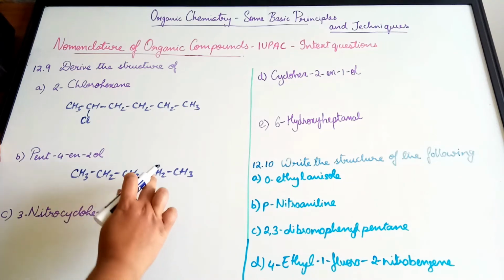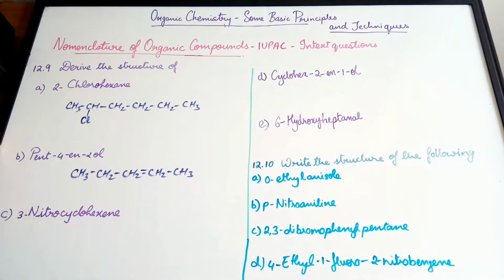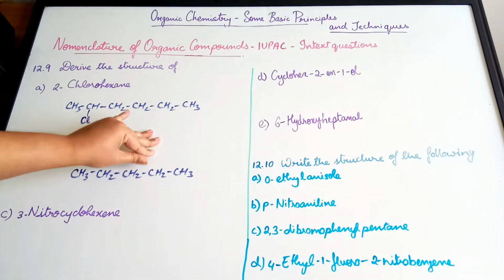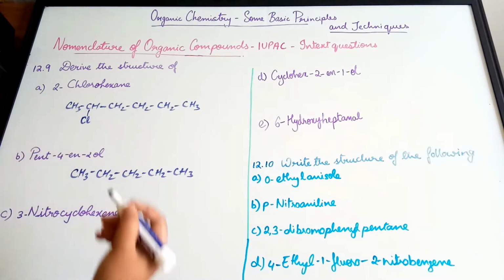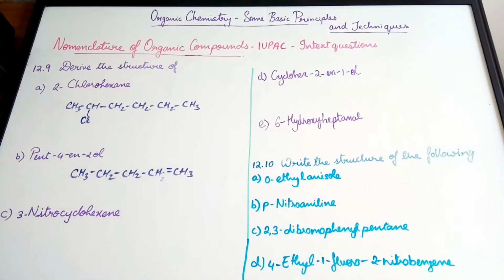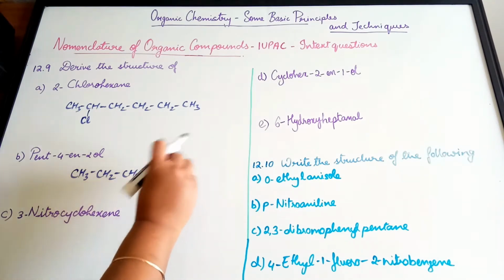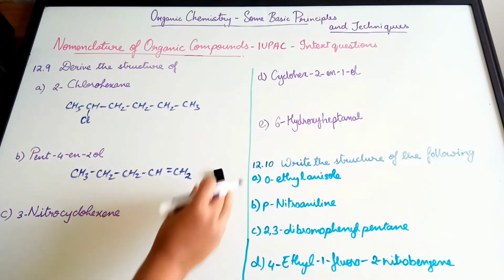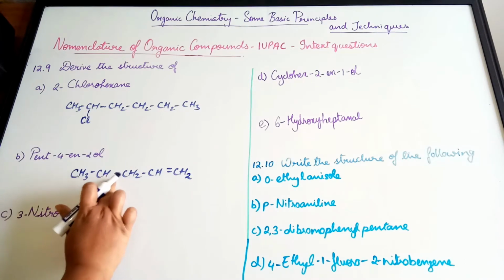This does not mean that we will be putting a double bond here, because number 4 implies that the double bond is between the fourth and the fifth carbon atom. So the double bond comes here, the 2 gets erased, and so does this 3. And this is erased to give us 2. And at the second position we have an alcohol group, so 1, 2. So here we have an alcohol, OH.